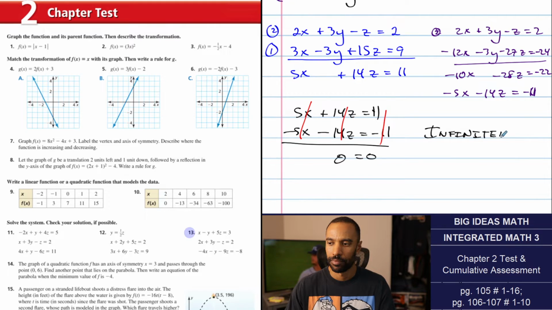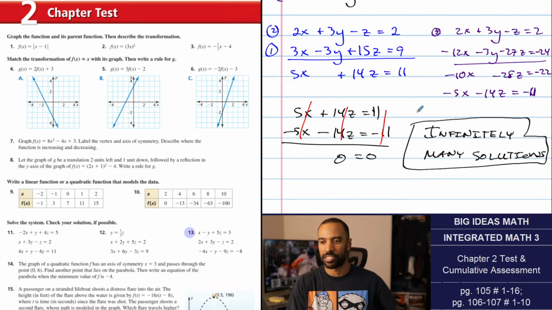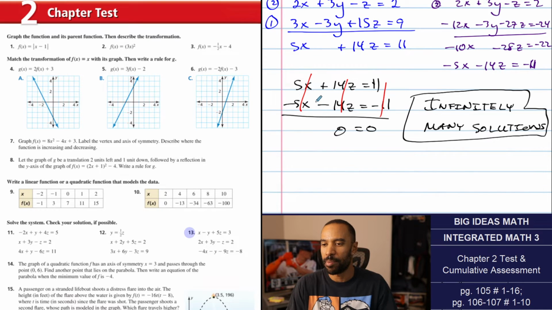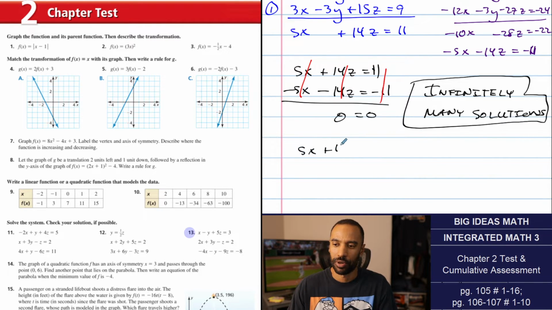However, we still must say a little bit more, so let's do this in terms of one of my variables. Whichever variable I can best get by itself, and I don't really have a best one here. Normally it's a little more obvious. Let's get x by itself. So I look at that top equation, 5x plus 14z equals 11.